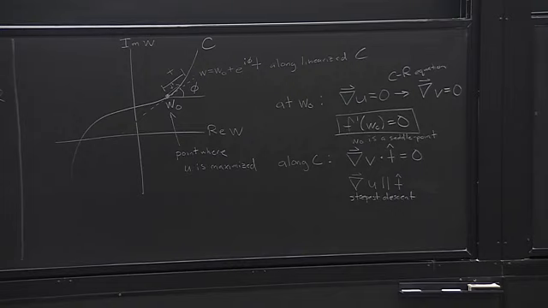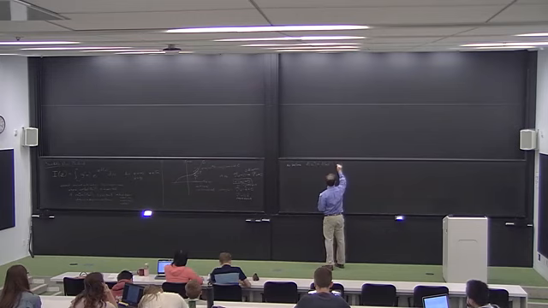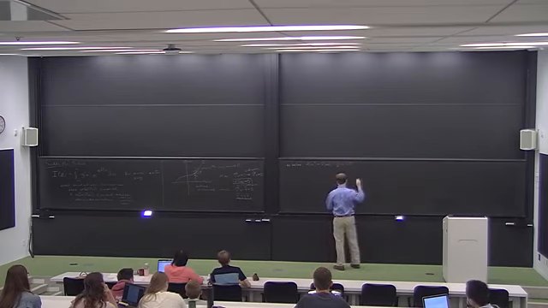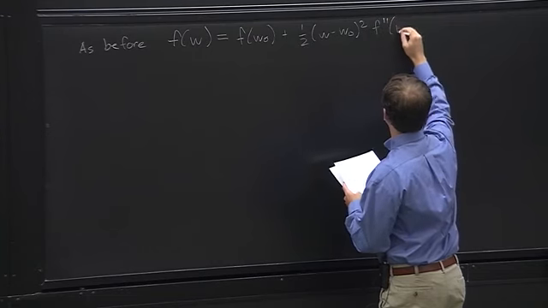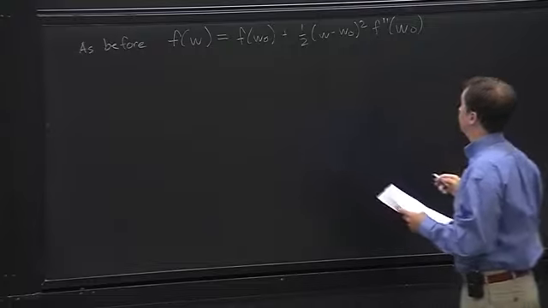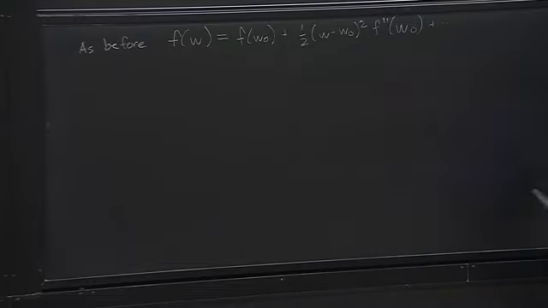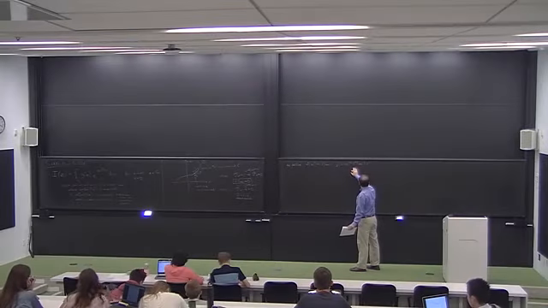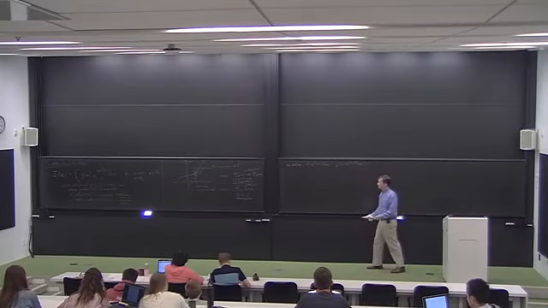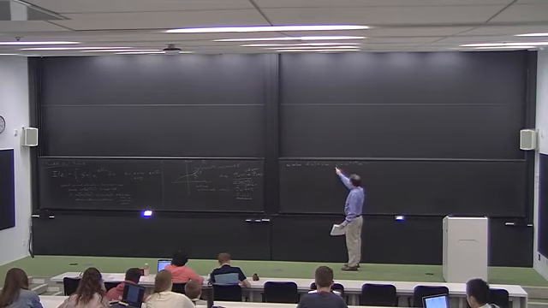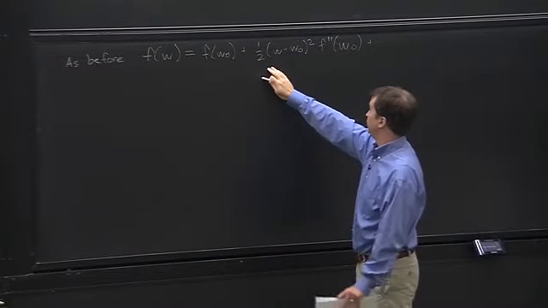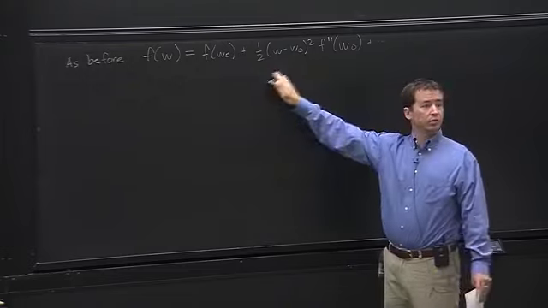So f is f of w naught plus half (w minus w naught) squared times the second derivative f'' of w naught. We could go to higher order if we wanted to, but for now, let's stop at second order. The key difference for this integral compared to what we did before is that now these are complex numbers.